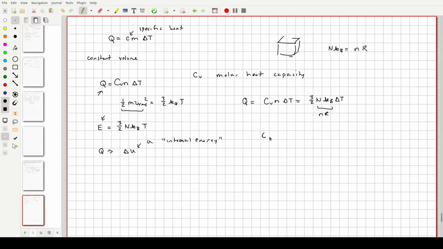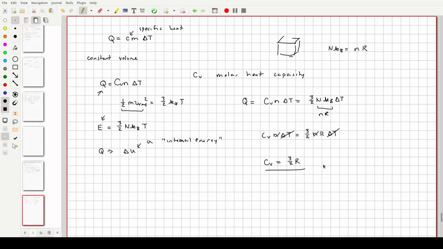So on the left-hand side, C_V n delta T. On the right-hand side, 3/2 n times R times delta T. That goes away. That goes away. And what we have is that as long as your ideal gas is kept at a constant volume, its molar specific heat, or molar heat capacity, is equal to 3/2 times R. Now, we treat all gases the same.